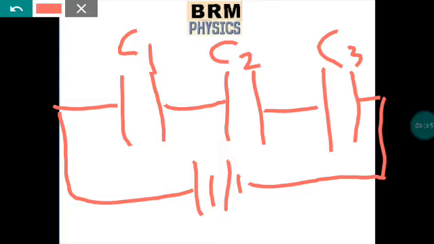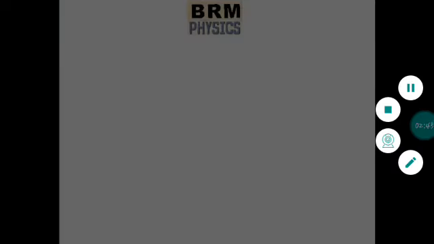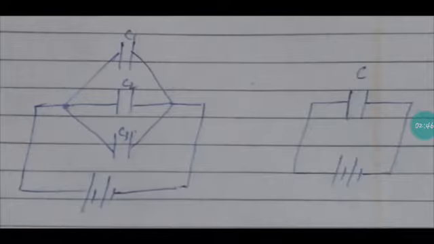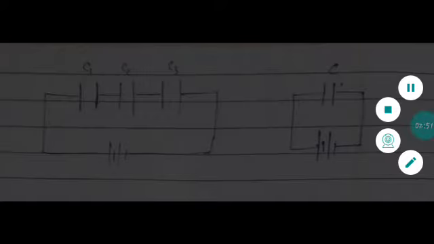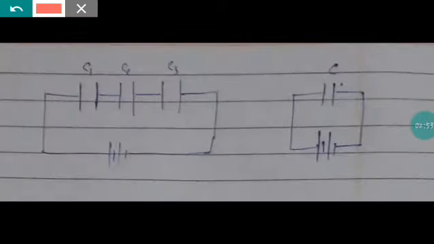Okay, so we want to find out the equivalent capacitance for this combination, meaning for the series combination. This is the figure for series connection that I have made on the page. We have taken three capacitors C1, C2 and C3, which are connected with a battery.